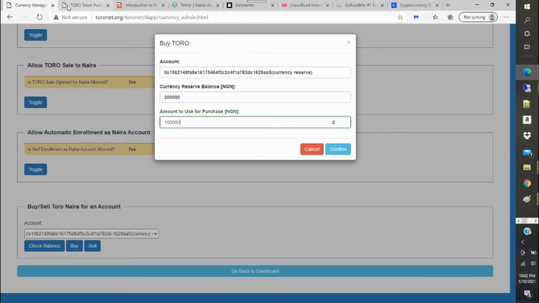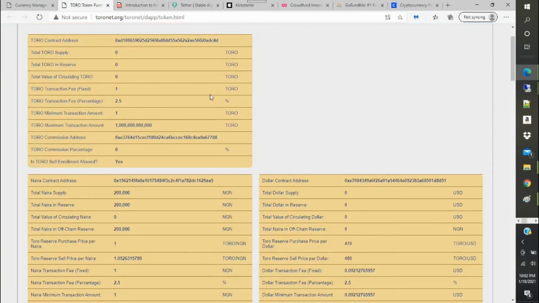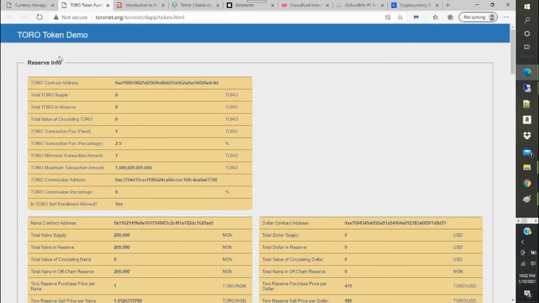But before we do that, let's go see what all the accounts look like. So this is a big picture look at everything we have in the reserve. This is all about the Toros. Right now there are no Toros in the system, and these are parameters, fees. The fee is 1 Toro anytime a transaction or transfer or exchange is done between accounts. These are all set by node members.